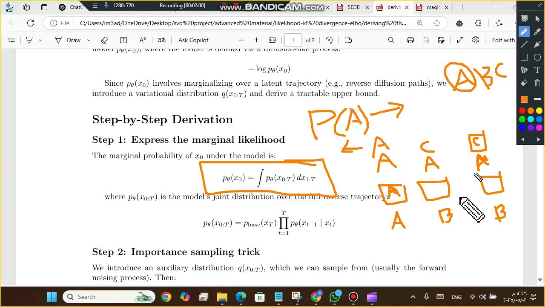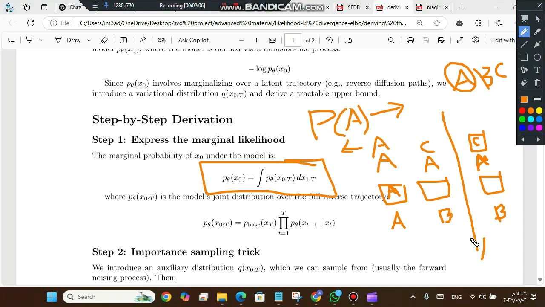So we're going to have to go through all the possible paths that could end up in A, right? So in order to find the probability of having A eventually, we're going to have to add them up.